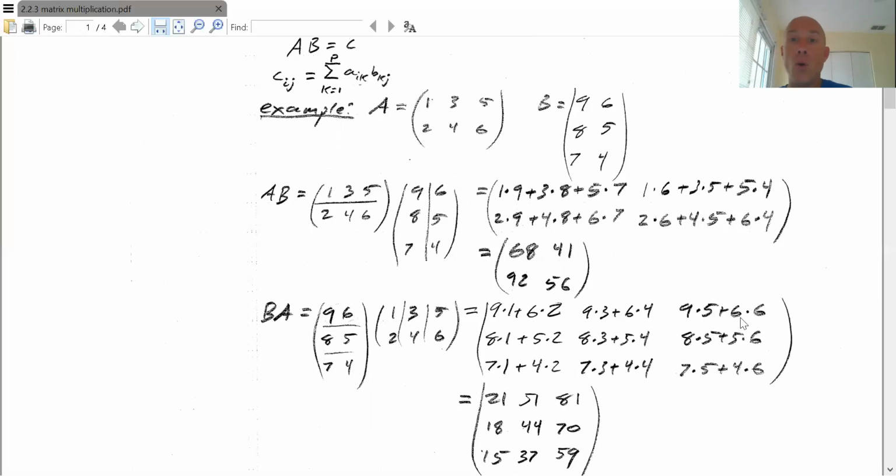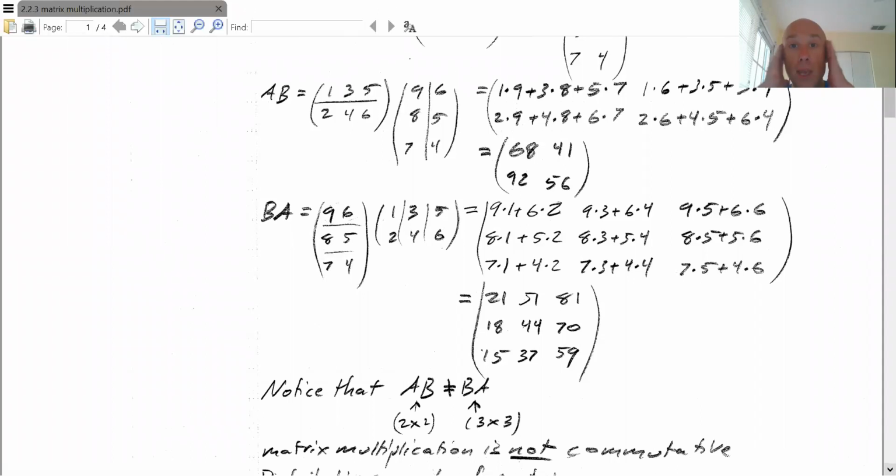So a way for us to double check that we're doing this right is I go through, I see 3, 3, 3, 4, 4, 4, get the same number every time. 5 and 6, 5, 5, 5, 6, 6, 6, okay. And I know I have 8 and 5, 8 and 5, 8 and 5, 7 and 4, 7 and 4, 7 and 4. So I can double check to make sure that the entries coming over here are landing where they're supposed to over here. That will help me out.